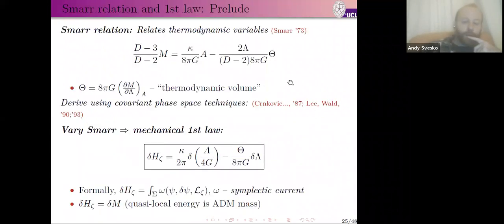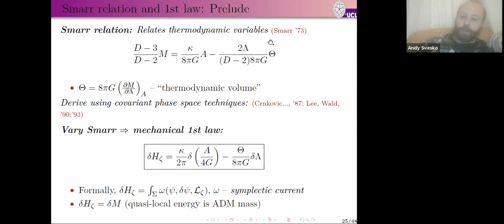Okay, so in order to derive the mechanics, I first want to work out the Smarr relation, because the Smarr relation is known to relate the various thermodynamic variables. Here I've written down the Smarr relation for a static AdS black hole in d dimensions. M is the mass, A is the area of the black hole horizon.